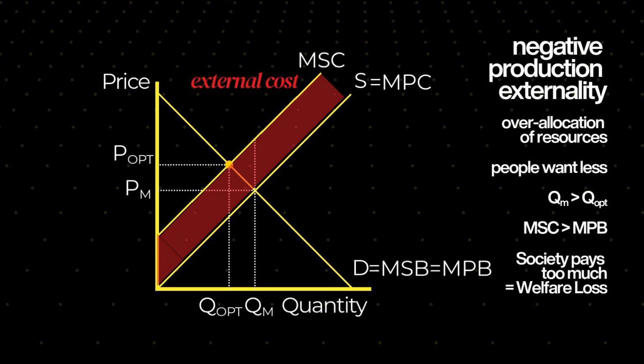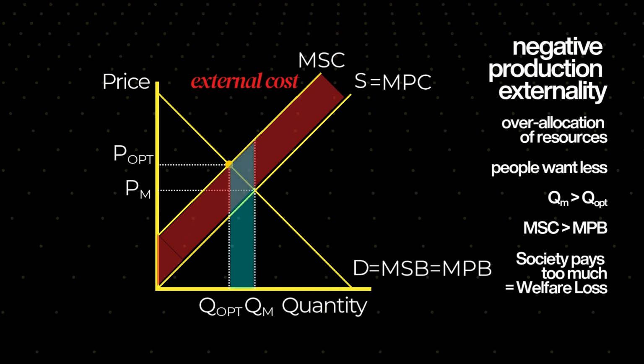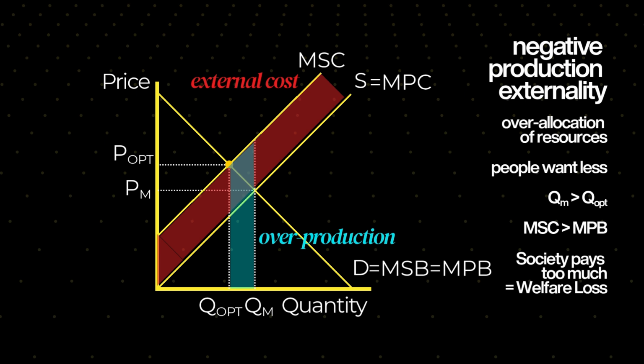Okay, that's the additional costs. Now we need to consider the overproduction of additional units, so we need to look at the quantity. The horizontal distance between the socially optimum quantity and the market quantity tells us the amount of overproduction.